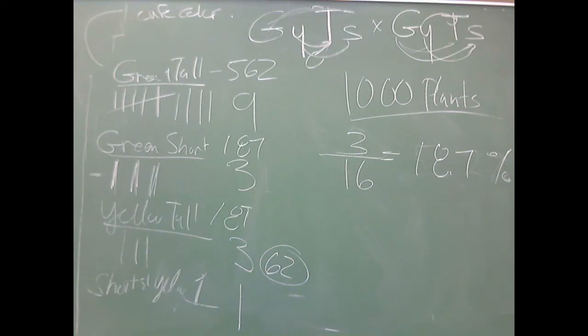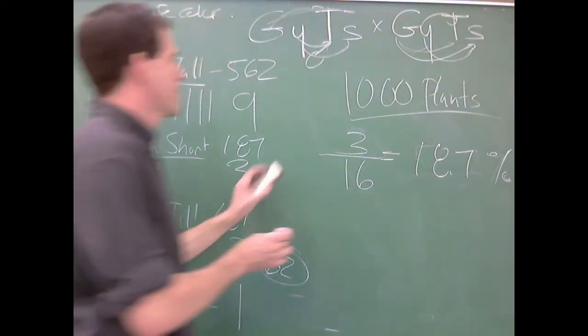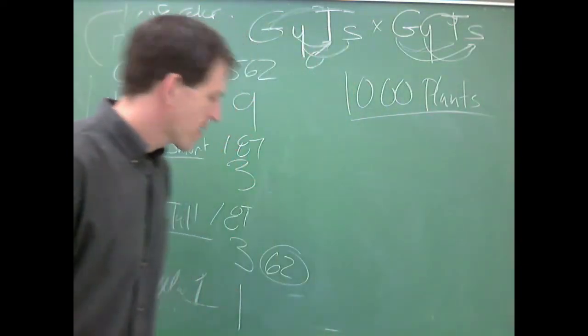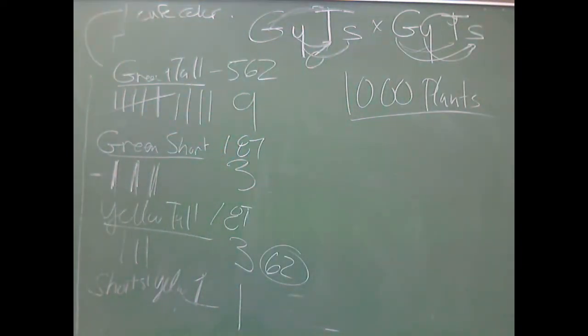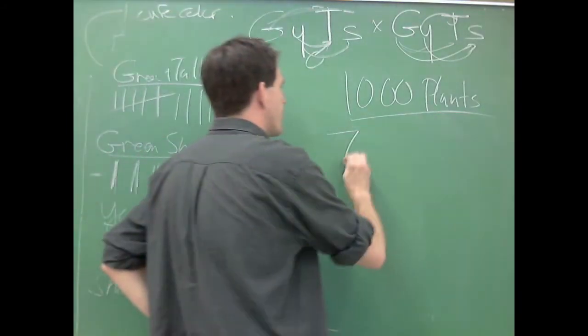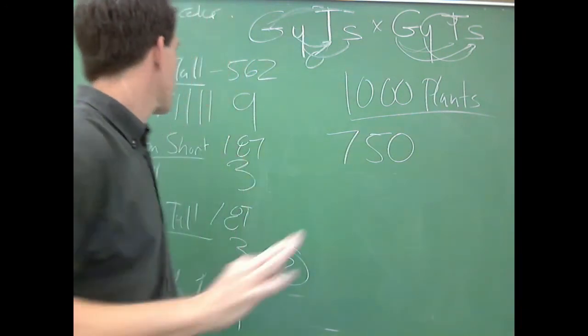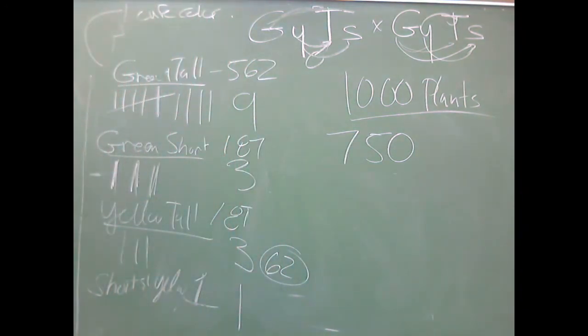Conversely, I could also give you a number and ask you to determine a ratio. Okay? So for example, you have got 1,000 plants. This is a monohybrid cross. Okay, let's not worry about this dihybrid cross. Let me erase that so there's no point of confusion.